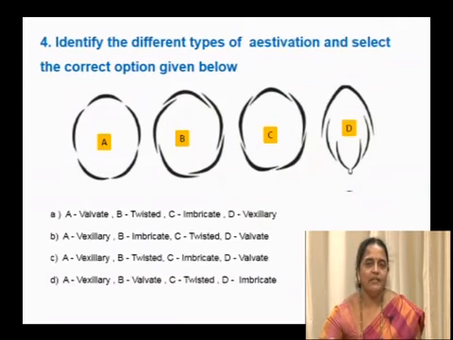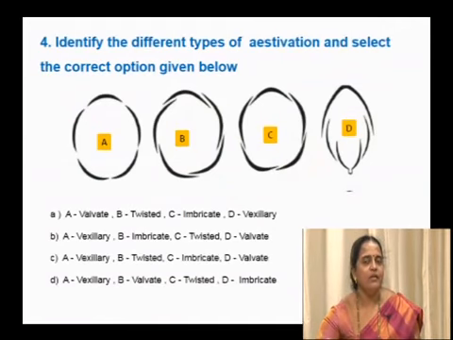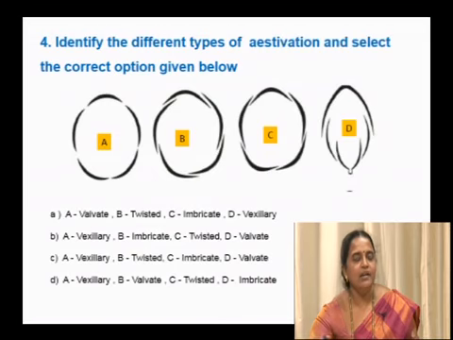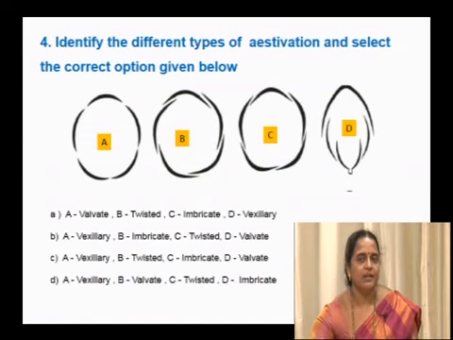Moving to the next slide, we have already learned that the arrangement of sepals and petals with respect to each other in calyx and corolla is called estivation. A diagram is showing valvate estivation where margins are not overlapping or overlapped. B diagram is showing members having margins with overlapping and overlapped.